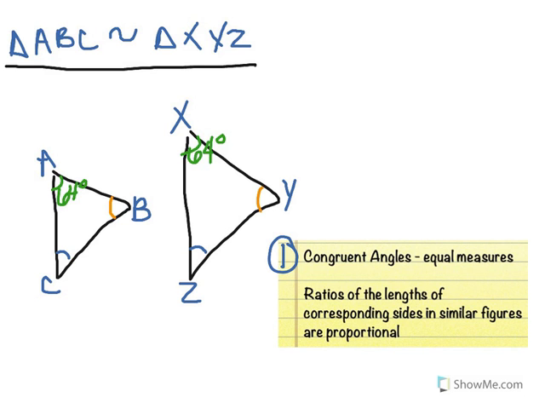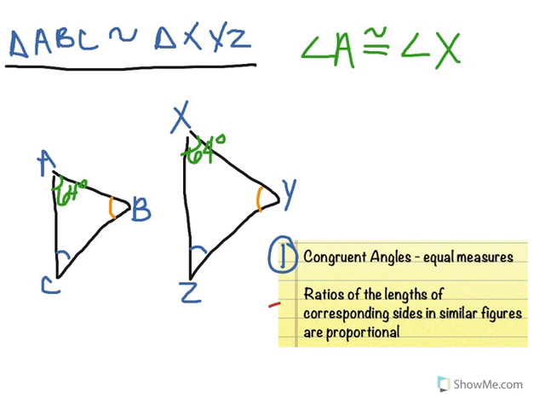We would write angle A is congruent to angle X, using this symbol with the wavy line over it. So make sure you're taking note of what those symbols mean. This symbol means similar, and this symbol means congruent.